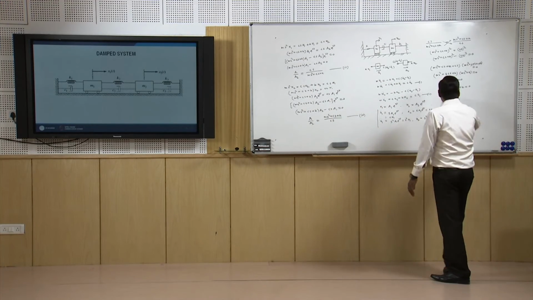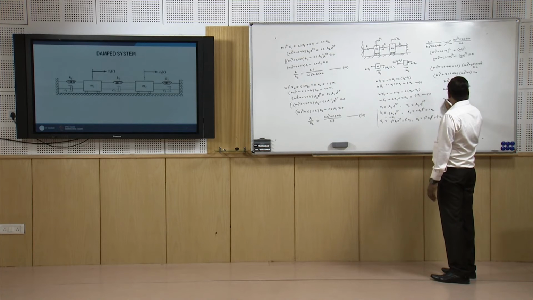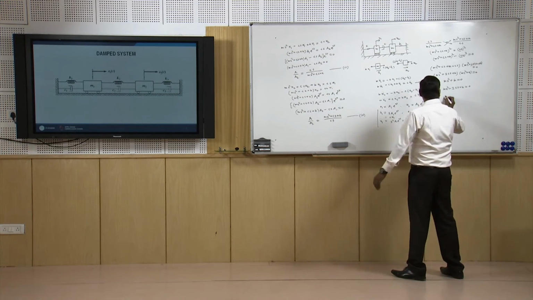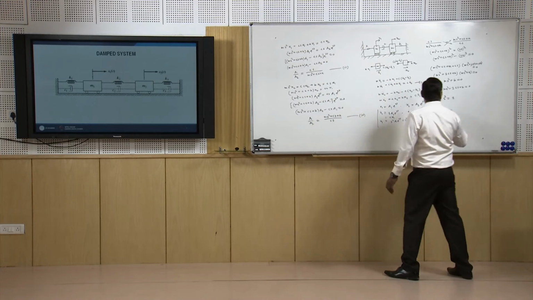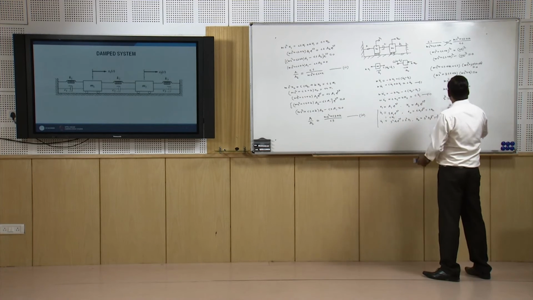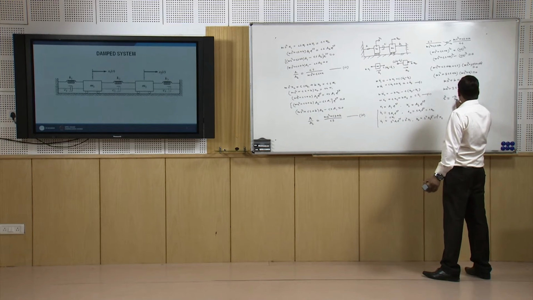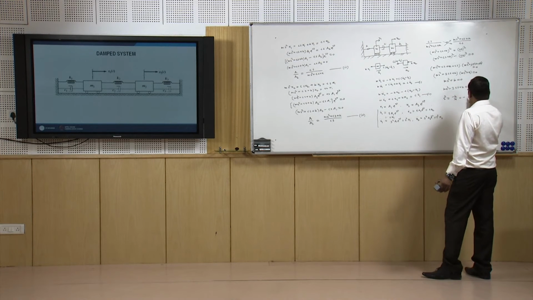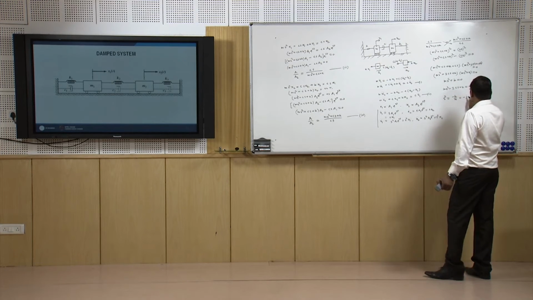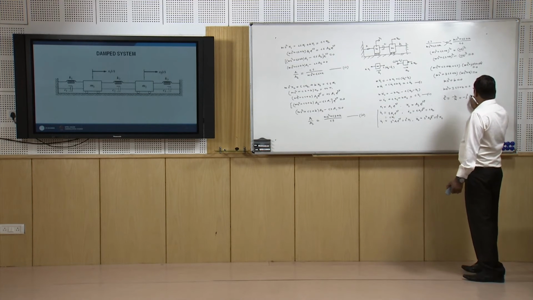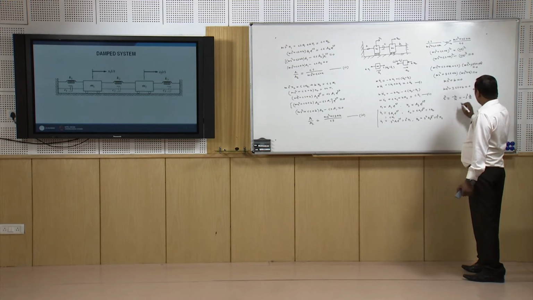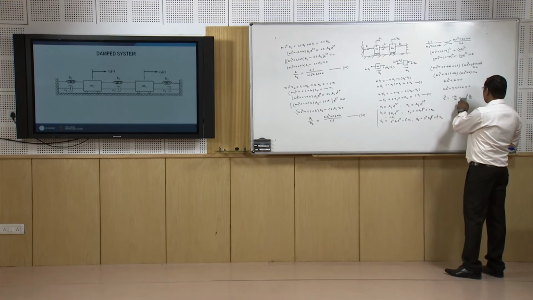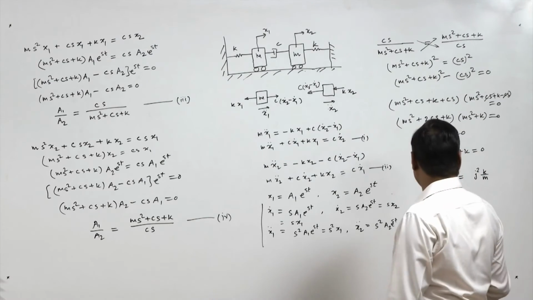When m s square plus k equals 0, s square equals minus k by m, and that is j square k by m, because minus 1 is equal to j square.